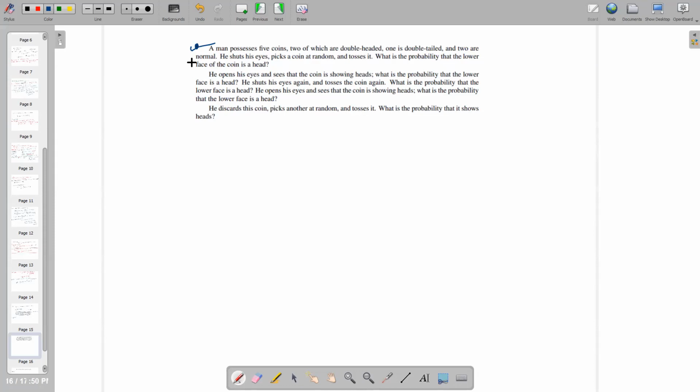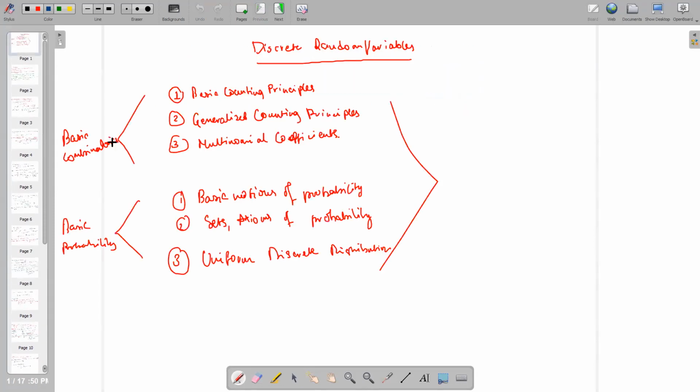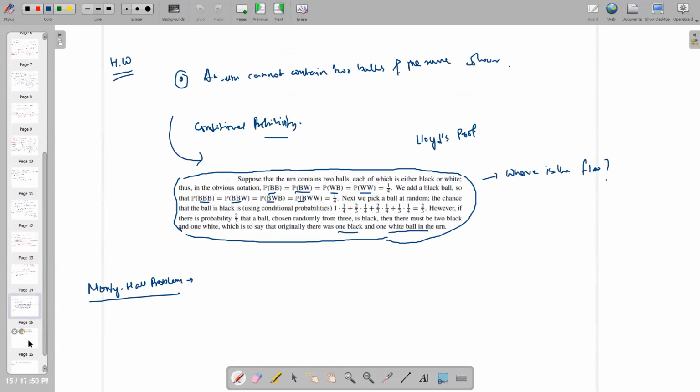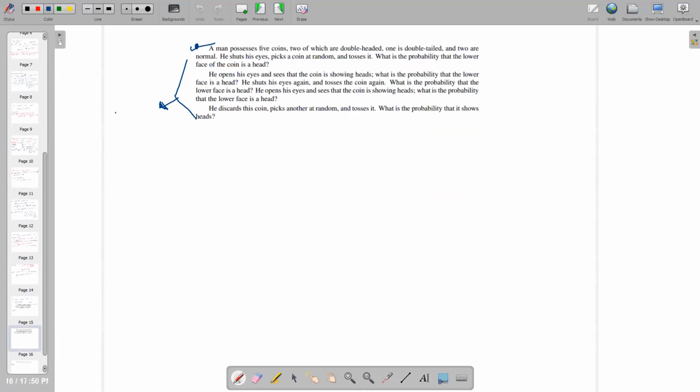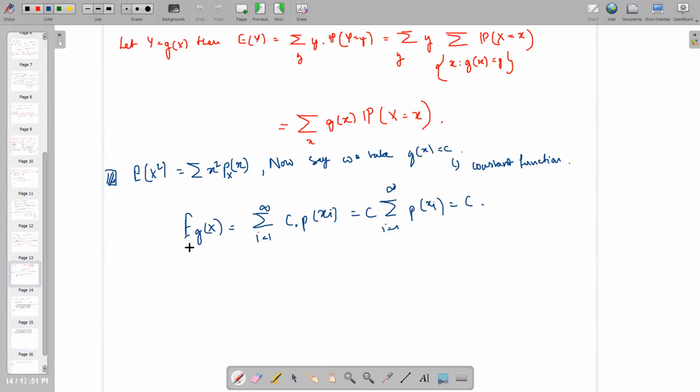So essentially, this is the whole syllabus of probability, right? So let's try this one, like what I was talking about initially. We need these basic notions of probability and sets and axioms. Try this one, because after this I will be moving to moments. We have covered till this in this class, right?